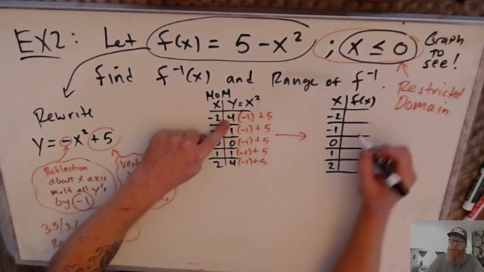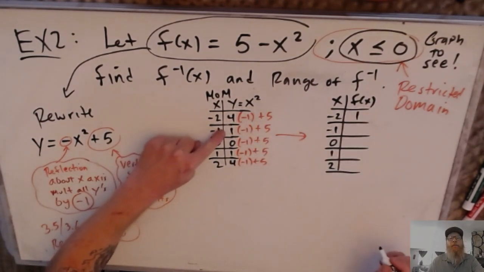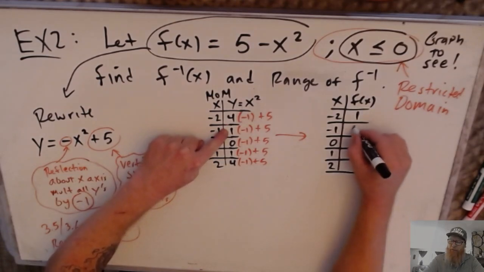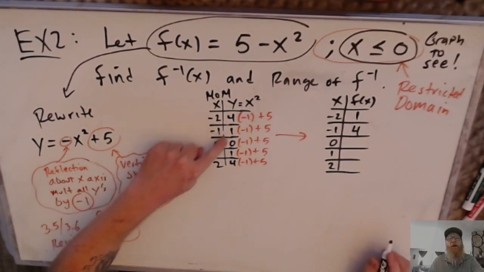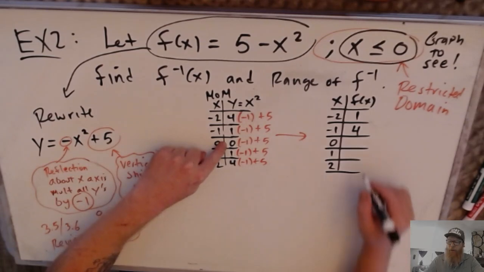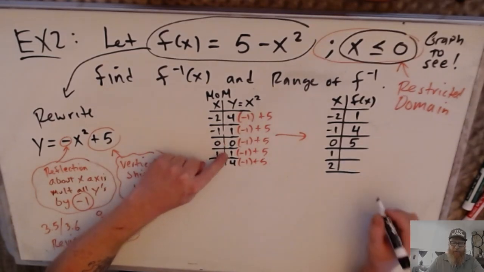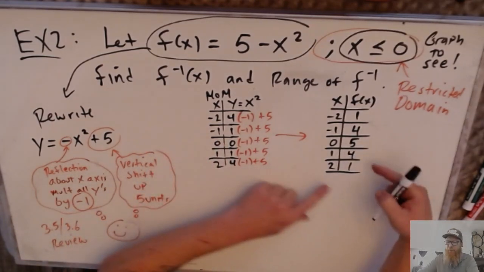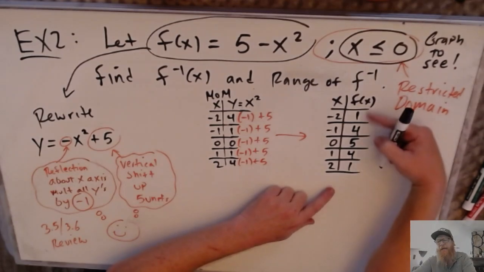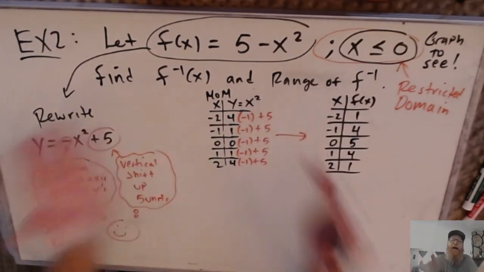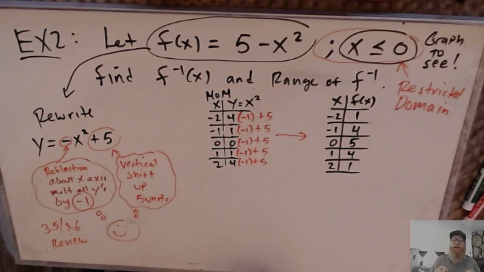So I've got 4 times -1 plus 5, that's 1. 1 times negative 1 plus 5, that's 4. 0 times negative 1 plus 5, that's 5. And then notice the last two values always repeat the first two values. That's because it's a parabola. It's symmetric, yeah? It's actually like this, an upside down parabola.